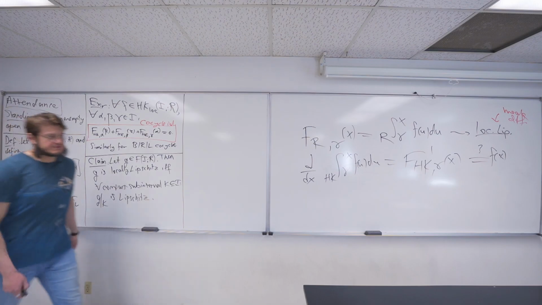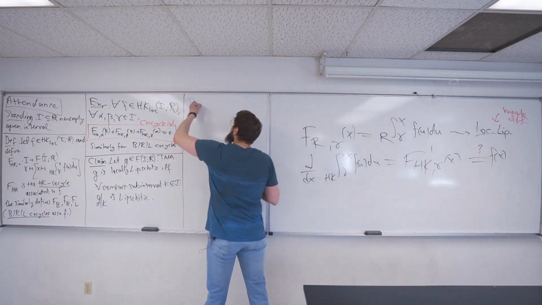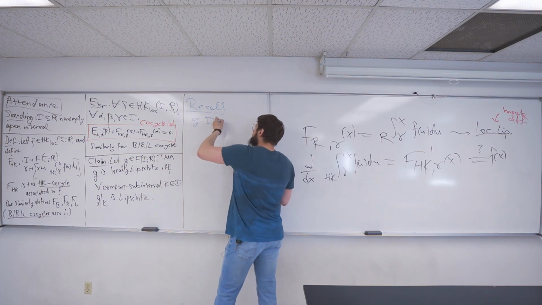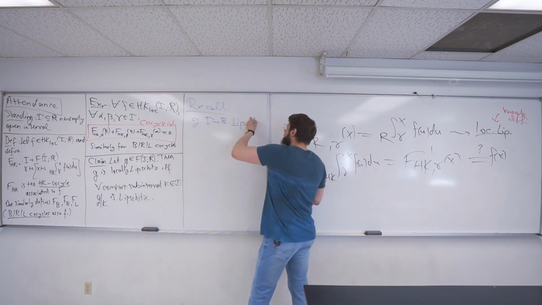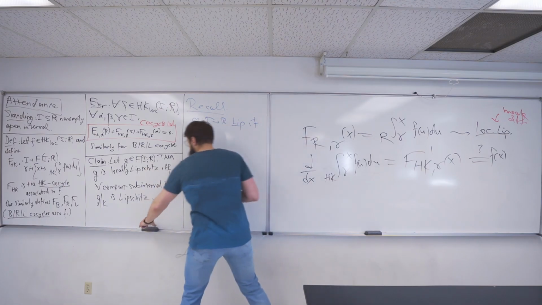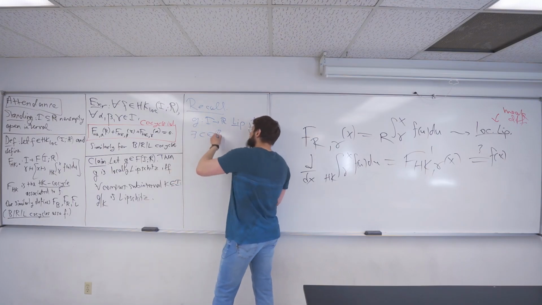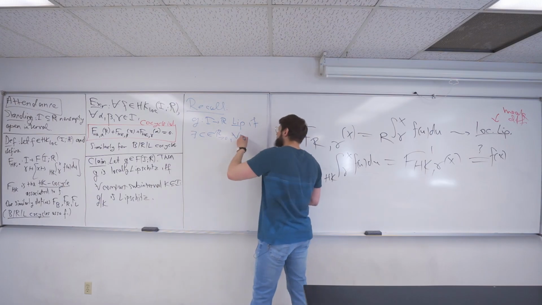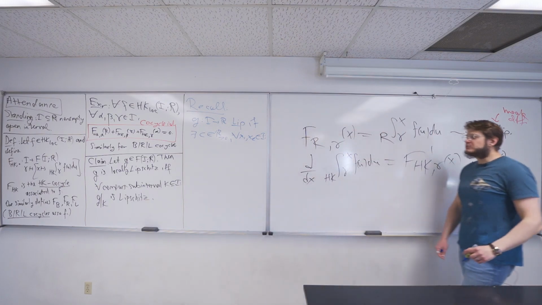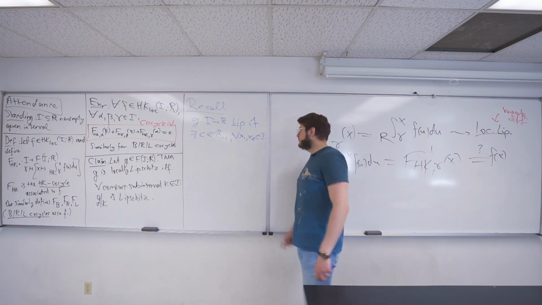Now, what was the Lipschitz property and local Lipschitz property? G is Lipschitz on whatever subset if there's a constant C such that for any two points in your interval, the distance between the outputs is dominated up to this constant C by the distance between the inputs.